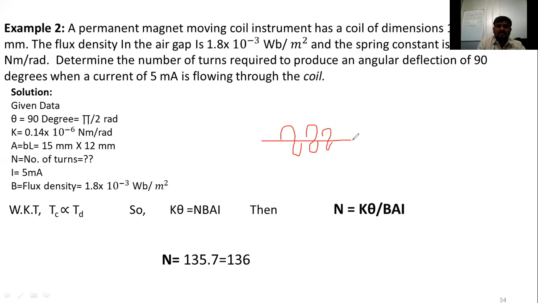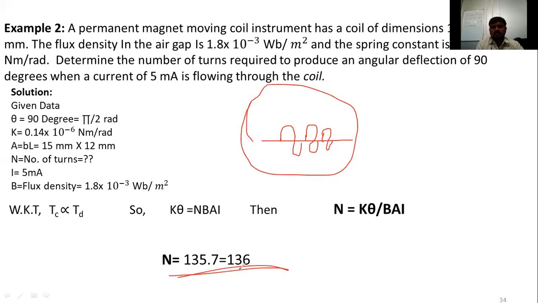The turns must be whole numbers only, it should not be half or 0.25. So 135 or 136, approximately, whatever we call, is the correct answer. Is it clear? Yes, sir. Any doubts? No, sir.